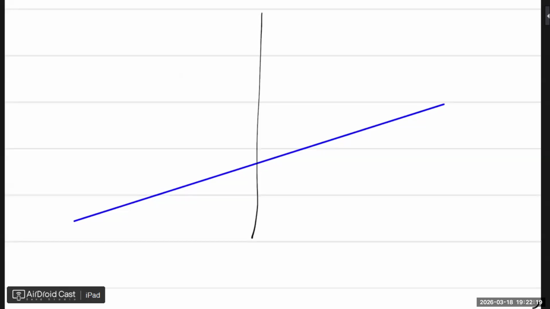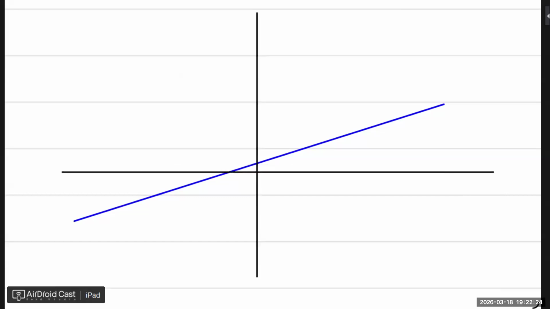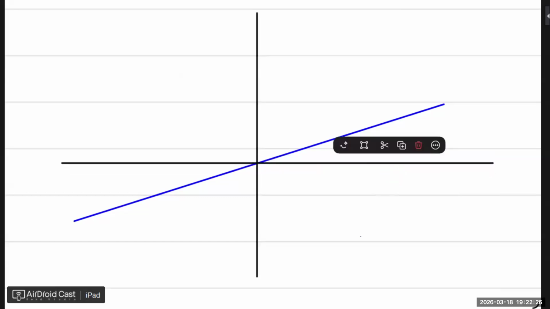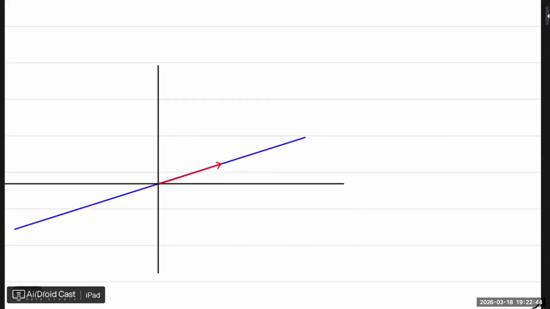So here's the origin. It's just a line. I want to know, is this whole line a subspace? Now let's go and have a look. First, is the zero vector on this line? Yes, it is.